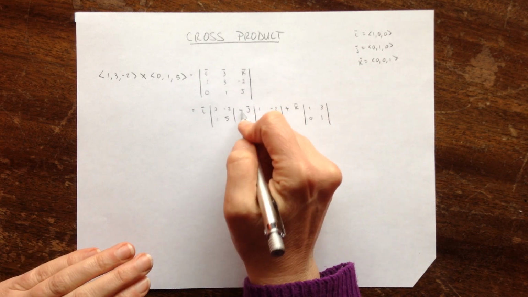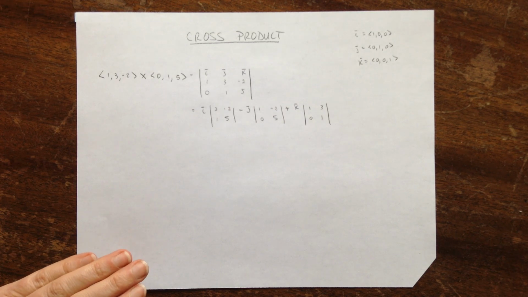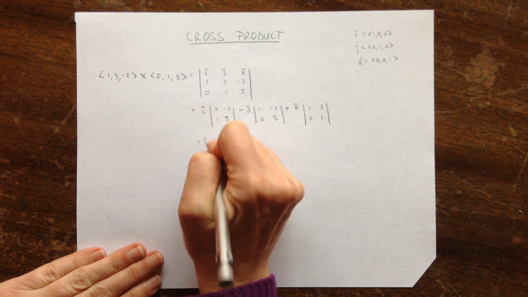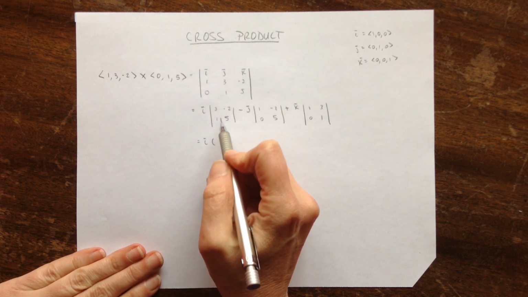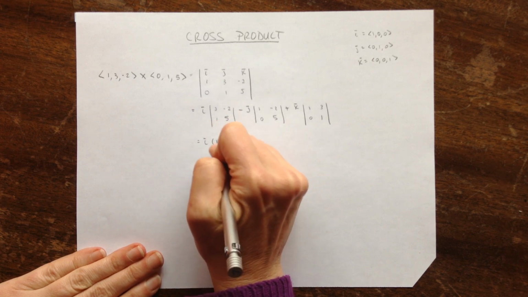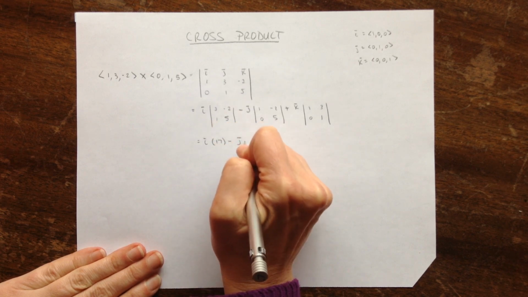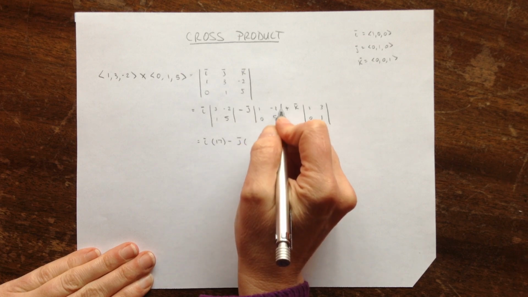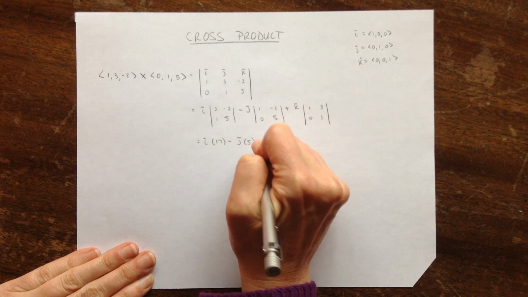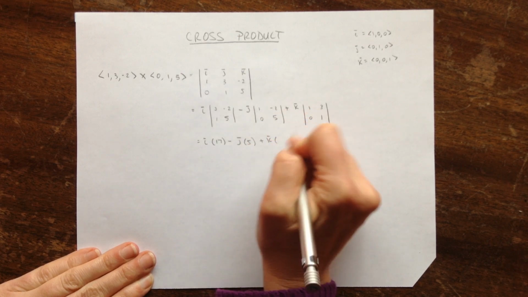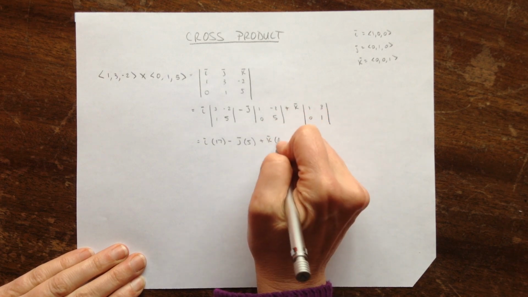Remember, it's plus, minus, plus. And so we're going to have i times 15 minus a negative 2, which is 15 plus 2, is 17, minus j times 5 minus 0, which is 5, plus k times 1 minus 0, which is 1.